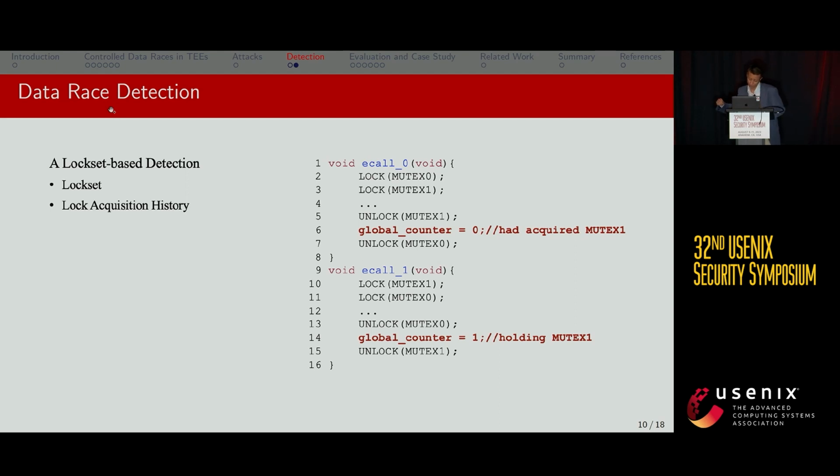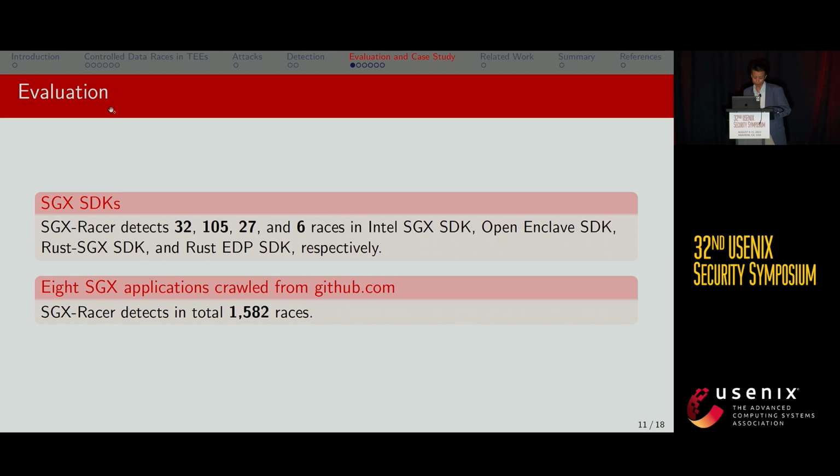Line 6 and line 14 don't hold a common lock, but they still cannot have a data race because of the history. For example, the first ECall will acquire mutex 1 first and then release it. But the second one will also acquire mutex 1. So these two cannot happen at the same time.